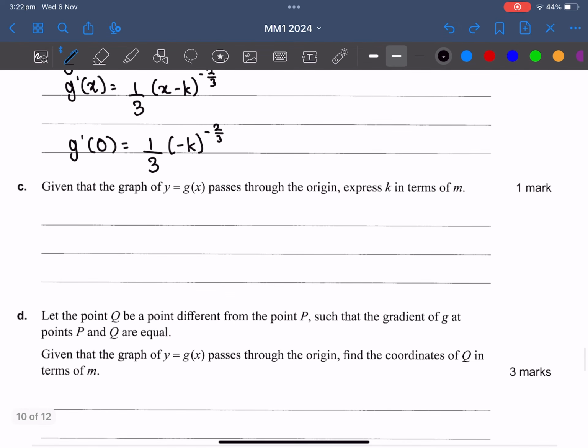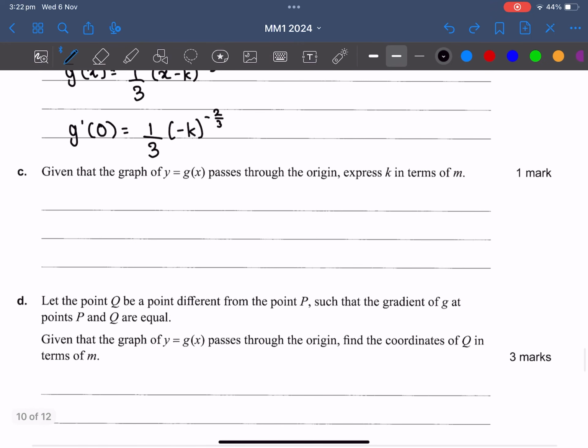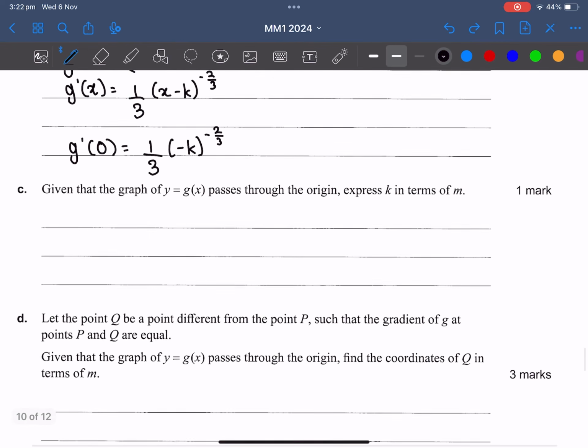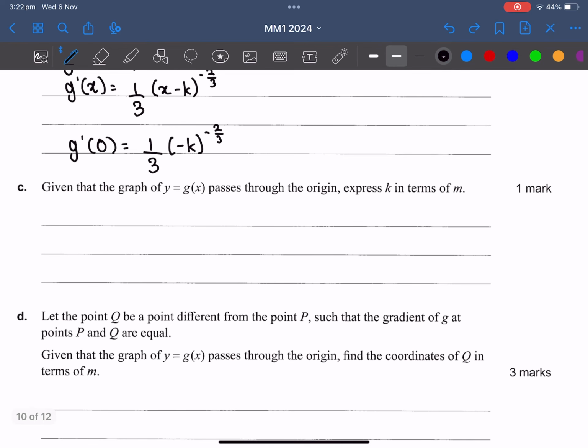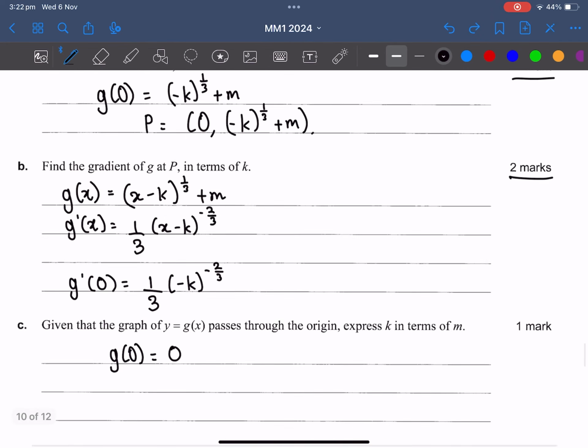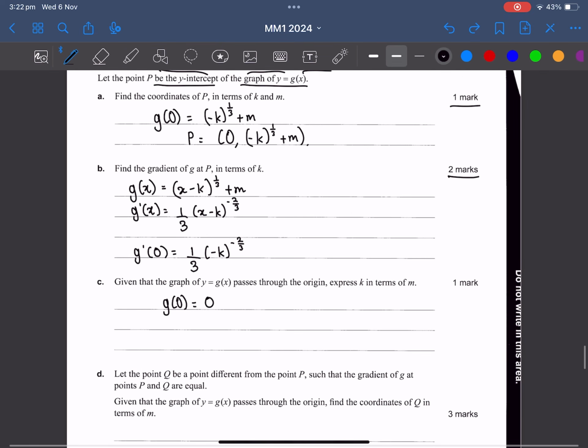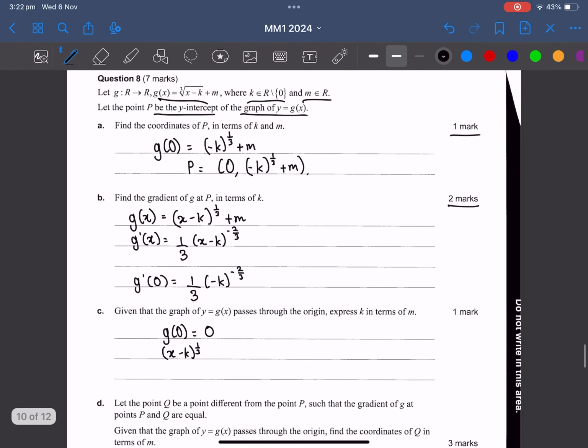Given that the graph y equals g of x passes through the origin, express k in terms of m. There is one coordinate, so they're basically telling us g of 0 is 0. So that would mean x minus k to the power of 1/3 plus m is equal to 0.